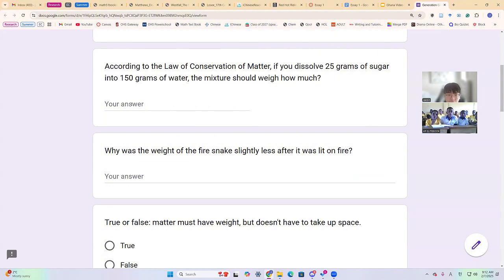Yes, I think I heard the answer. That would be right. It will be 175 grams because it's pretty straightforward: 25 grams of sugar and 150 grams of water. If you mix them, nothing is created or destroyed, so it should still weigh 175.